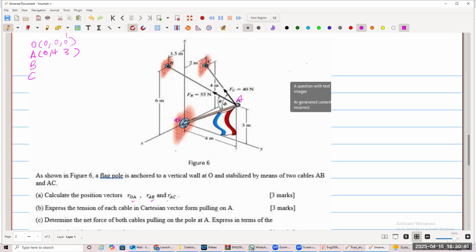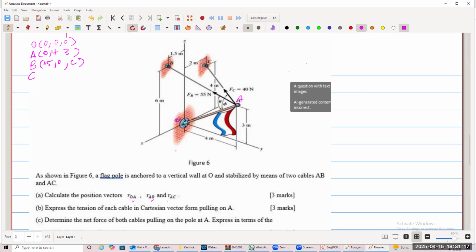So the Y is 4 and X is 0 because it's right at the origin, and the Z is 3, yes? So you just get the coordinate points. Don't start writing them in i, j, k yet. And B is going to be, what is X? 1.5. Good. And what is Y? 0. Good. And what is Z? 6.